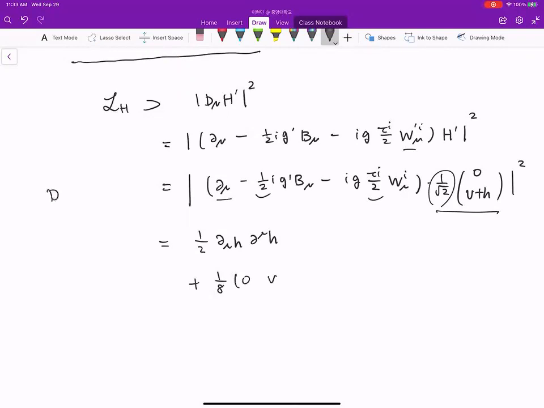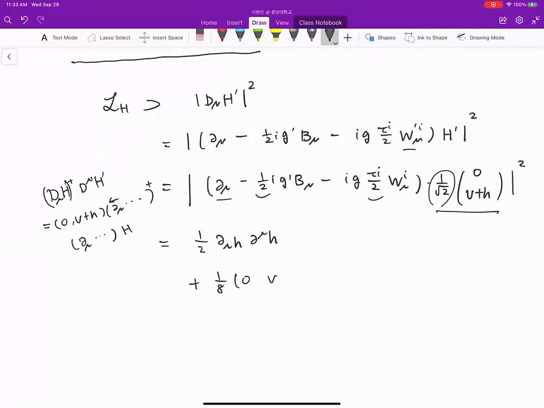So the H, mu, D, H, right? So this conjugate, and then other things also take the conjugate, and also partial mu H prime.